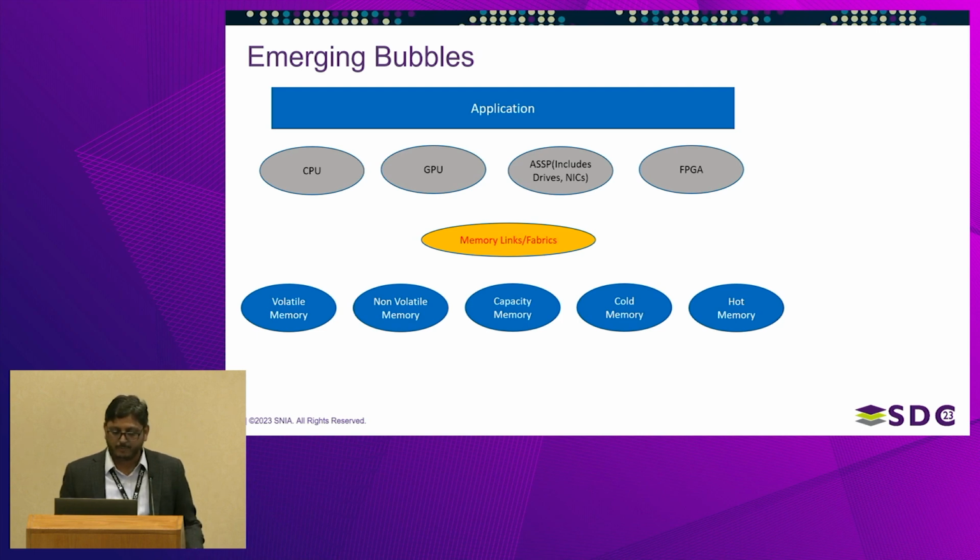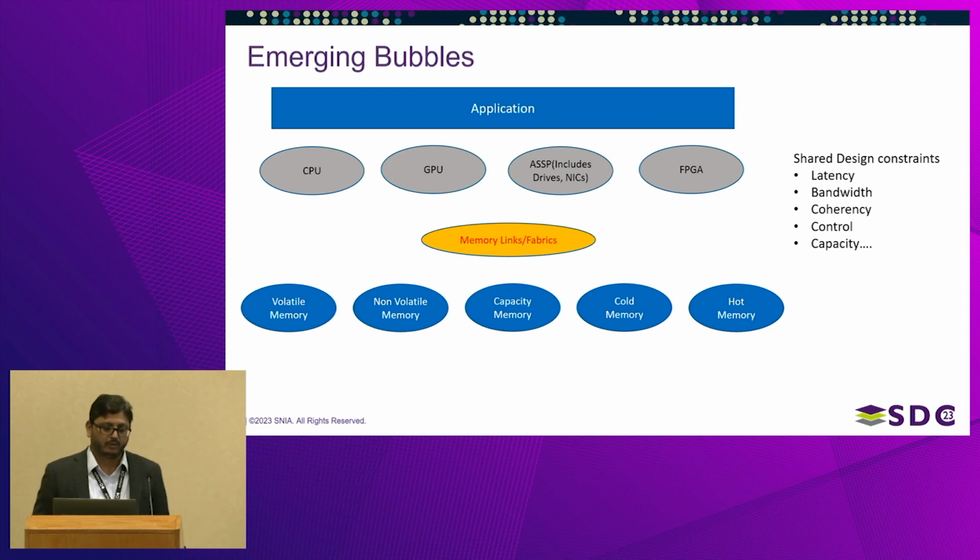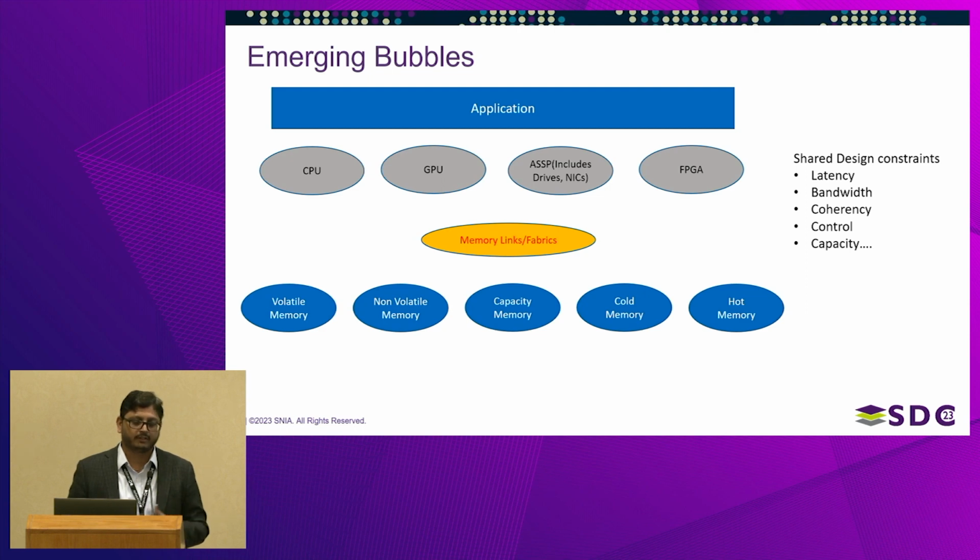But an application is still concerned about latency, bandwidth, coherency, control, capacity, all these things. So there is a smashing together of these different technologies and memory types, and we need a memory-to-memory data movement standard for various reasons.